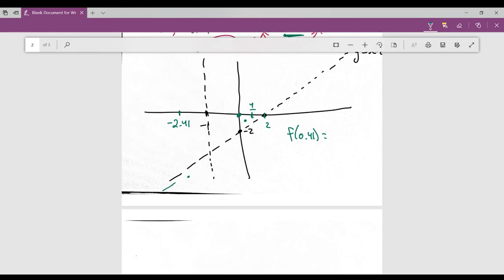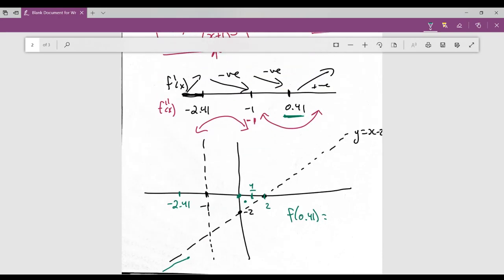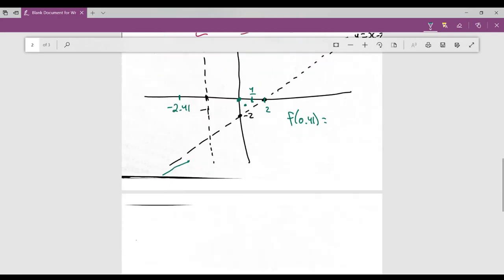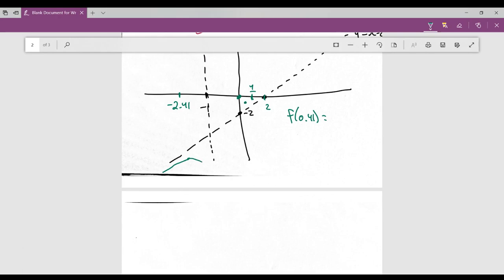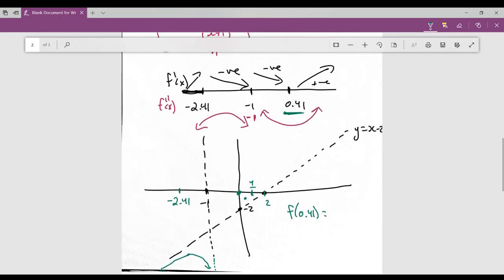So the graph comes up, switches from increasing to decreasing to -1, and that's a vertical asymptote, so that makes sense. And then on the other side of the vertical asymptote, we are decreasing. We have to cross through our x and y intercepts.